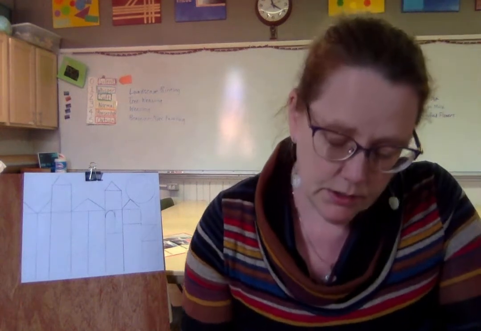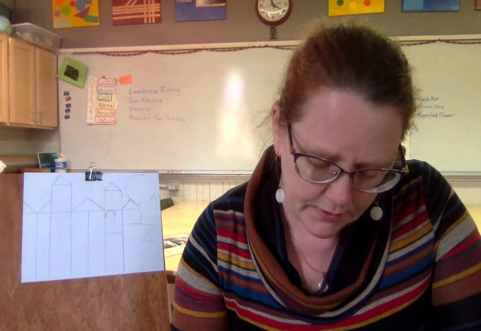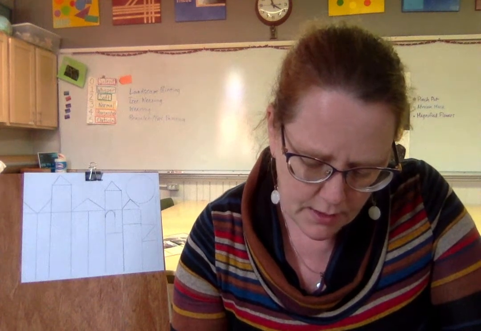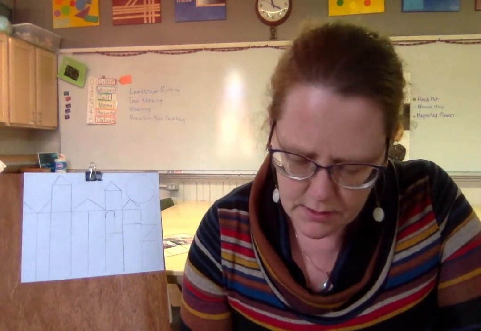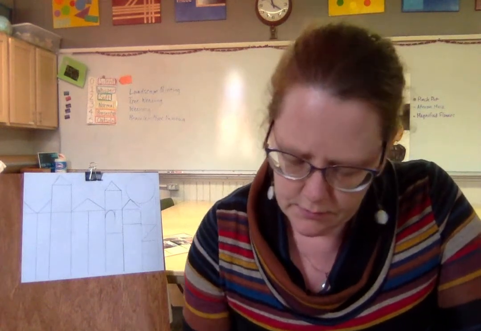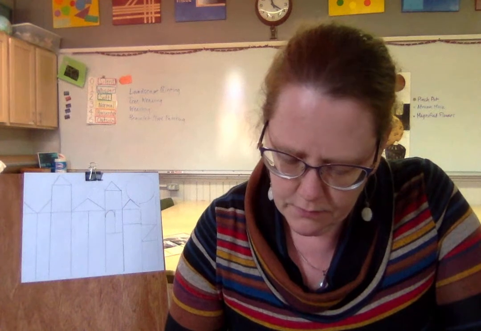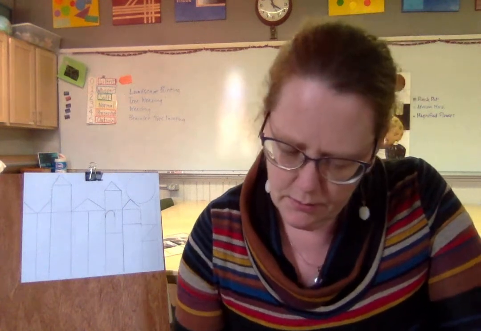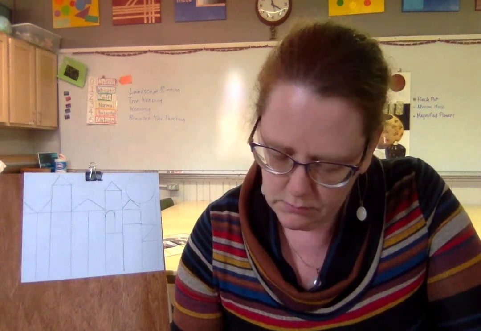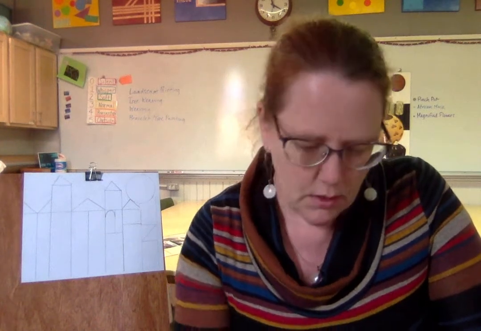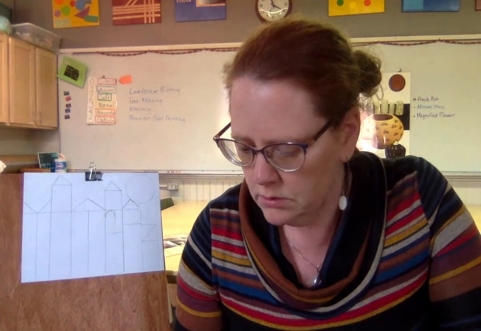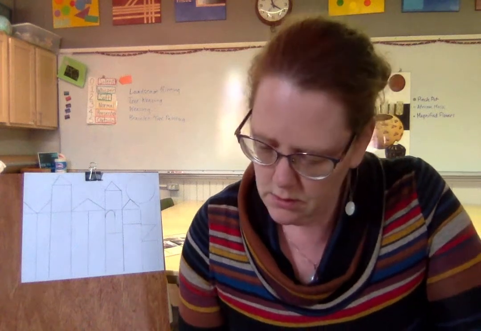So I am actually going to get the whole top half wet because I want that to have a very light color of, I'm thinking I want this to be night. So I'm going to use a purple and some blue combined.